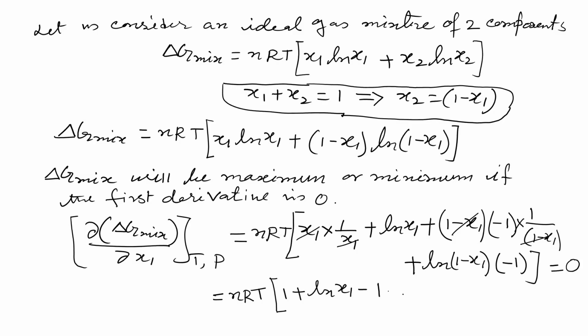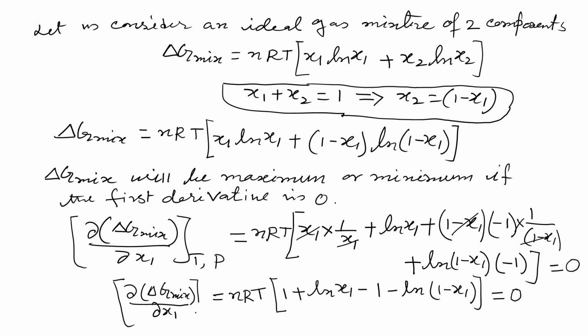Then minus ln 1 minus x1, and this is equal to 0, and this is your dole of delta G mixing by dole x1 at constant temperature and pressure.